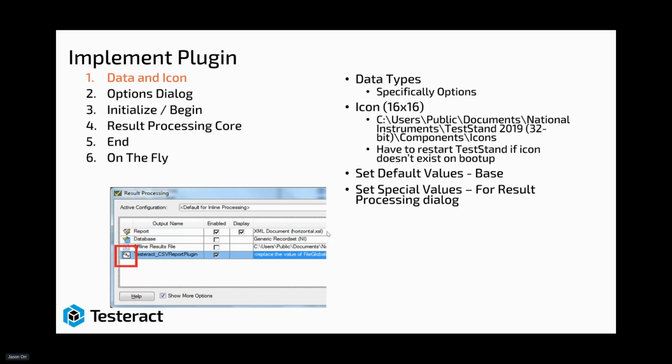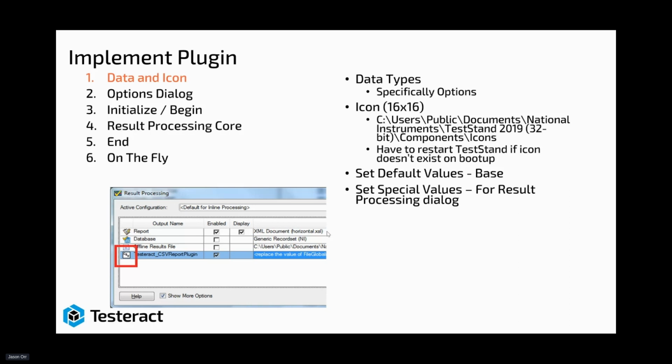What you want to do is figure out any data types, and specifically think about the options you want to be available to users of your result processing plugin, and make those data types. There's a specific structure in the parameters generated by TestStand when you make your result processing plugin that allows you to create these data types and add them in.